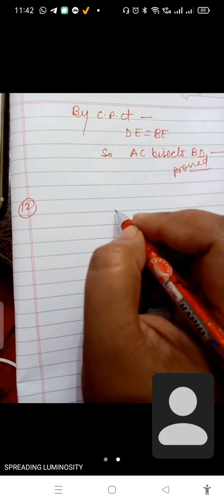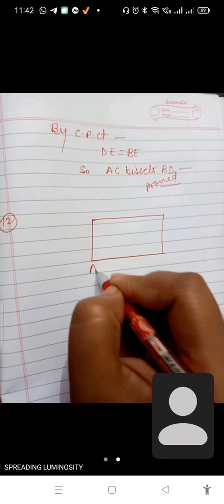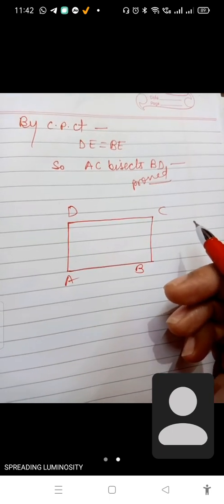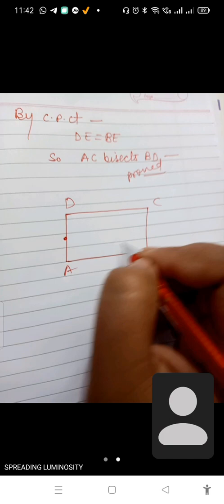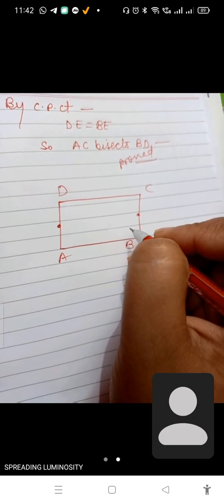Now 12th. ABCD is a rectangle, because here the figure is not given. Make rectangle ABCD. X and Y are the points on the sides AD and BC respectively such that AY is equal to BX.